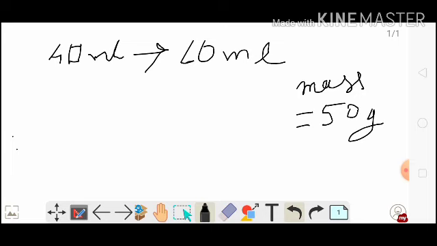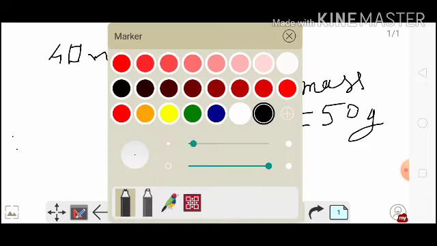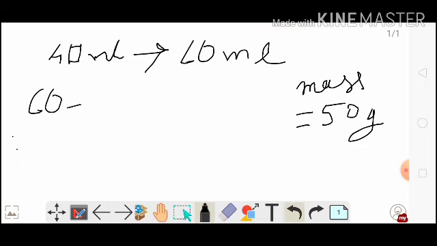Just like the first numerical, the stone will displace an equal volume of water to its own. So the volume of the stone will be 60 minus 40 ml, that is equal to 20 ml.